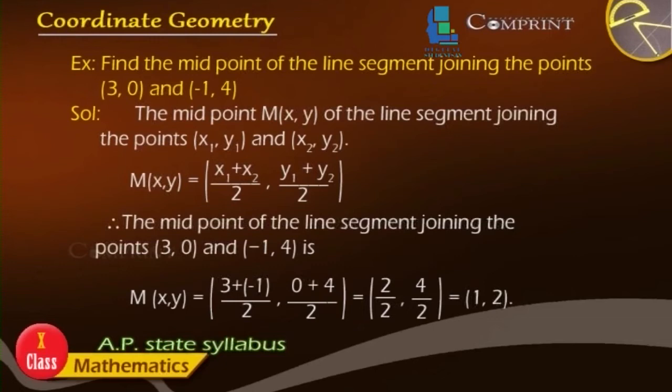Solution: the midpoint M (x, y) of the line segment joining the points (x1, y1) and (x2, y2) is M (x, y) is equal to (x1 plus x2) by 2, comma (y1 plus y2) by 2. Therefore, the midpoint of the line segment joining the points (3, 0) and (-1, 4) is M (x, y) is equal to (3 plus -1) by 2, comma (0 plus 4) by 2, which is equal to 2 by 2, 4 by 2, which is equal to (1, 2).